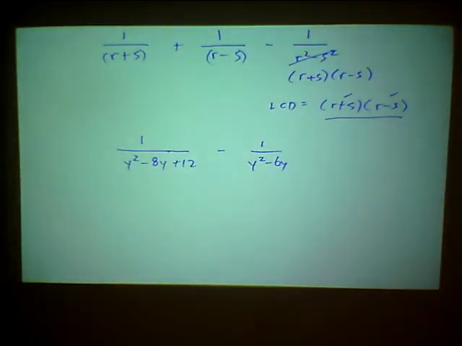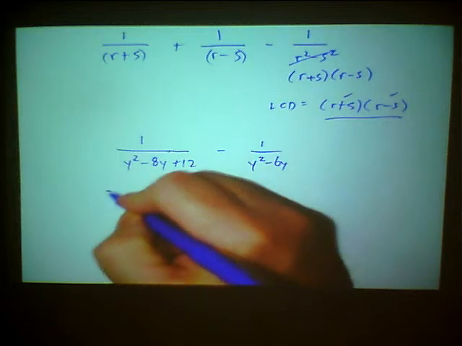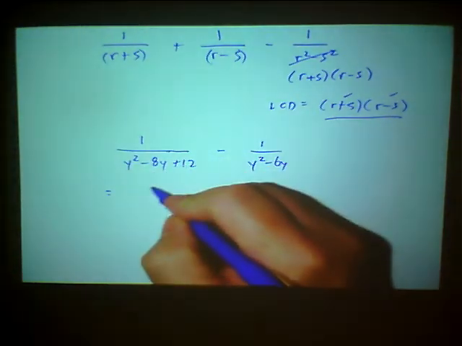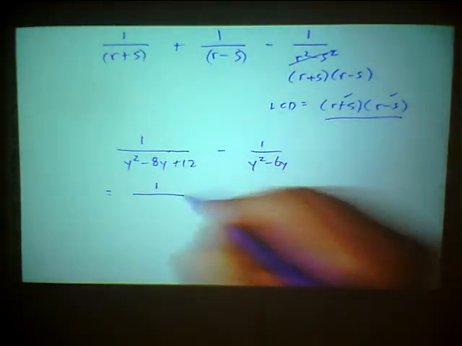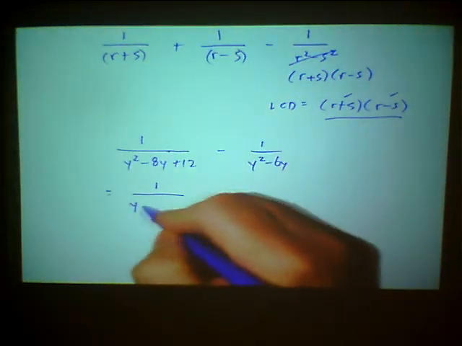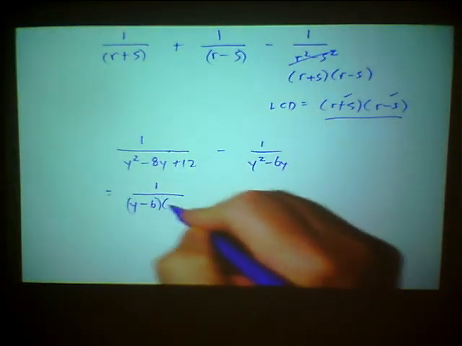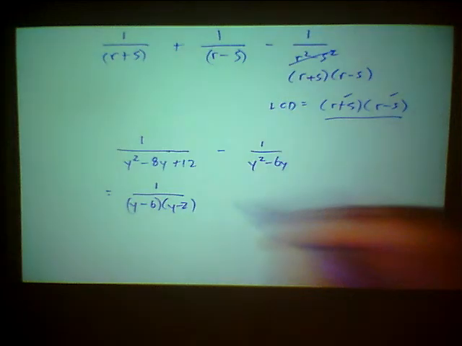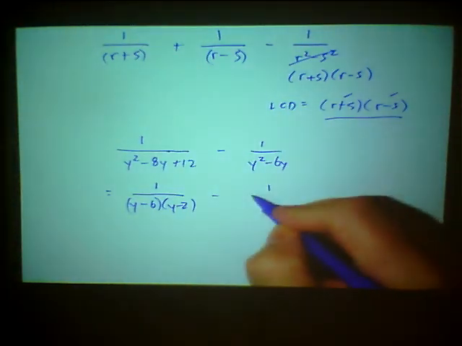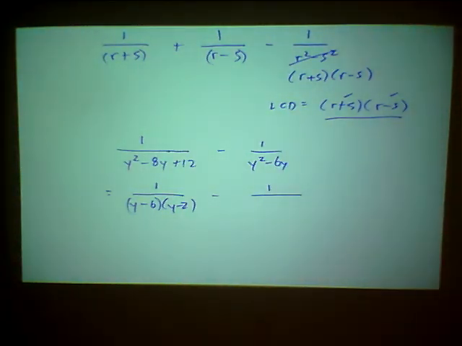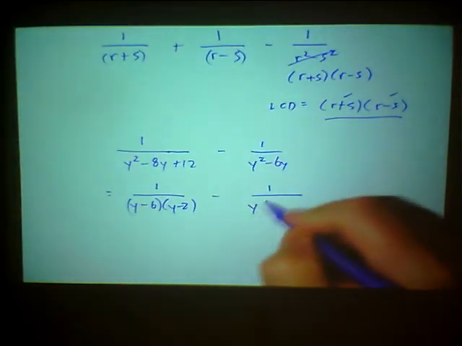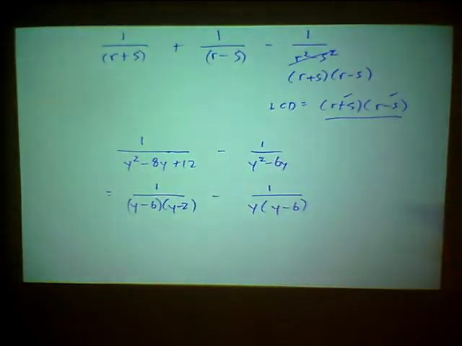First step, of course, is to factor. First denominator is a trinomial, and I believe it factors down into y minus 6 times y minus 2. The second denominator, I can factor out a y as a GCF, and that's y times y minus 6.